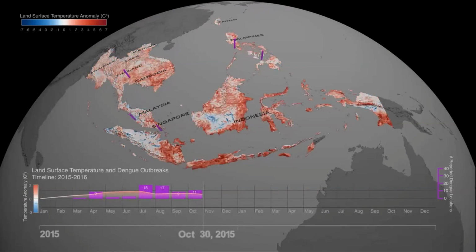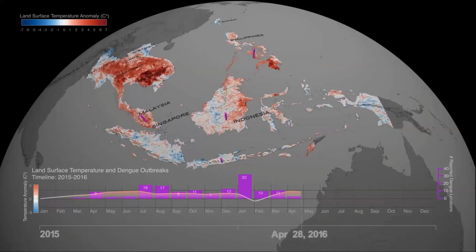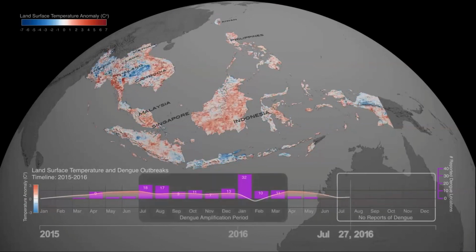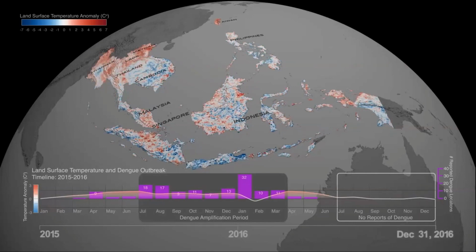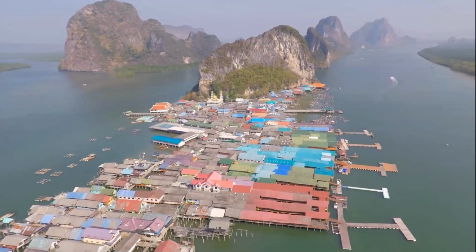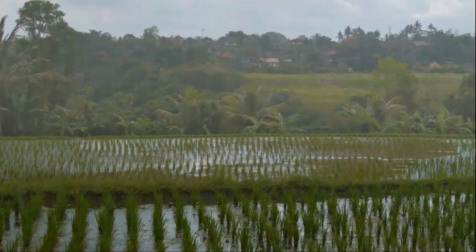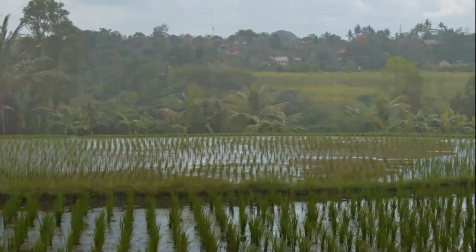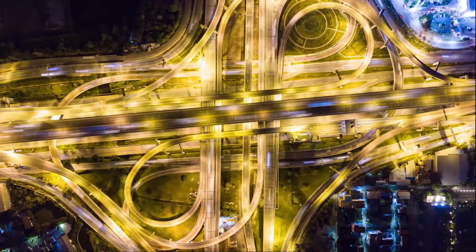Mosquito-borne epidemics have a lag time of 2 to 3 months following these weather changes, which is why the dengue amplification period kicks in several months after land temperature begins heating up. The good news? Seasonal forecasts are an early warning system with the real potential to save lives. With an assist from scientists, countries can take strategic measures to prevent disease outbreaks, especially when they know they're coming.